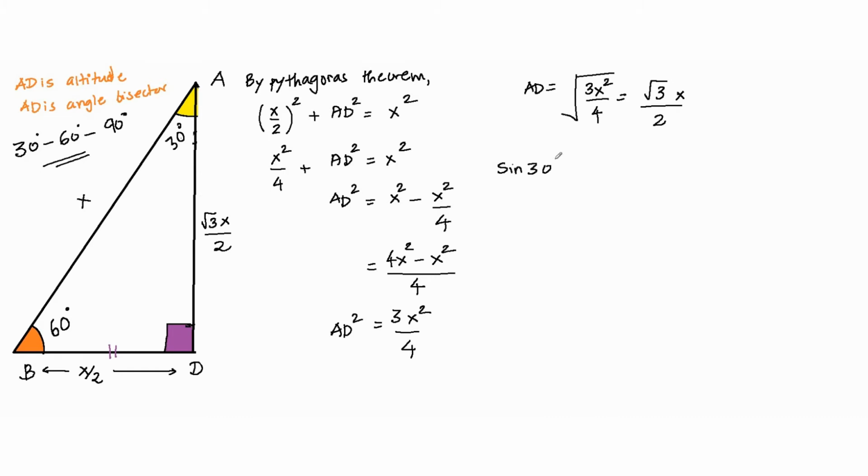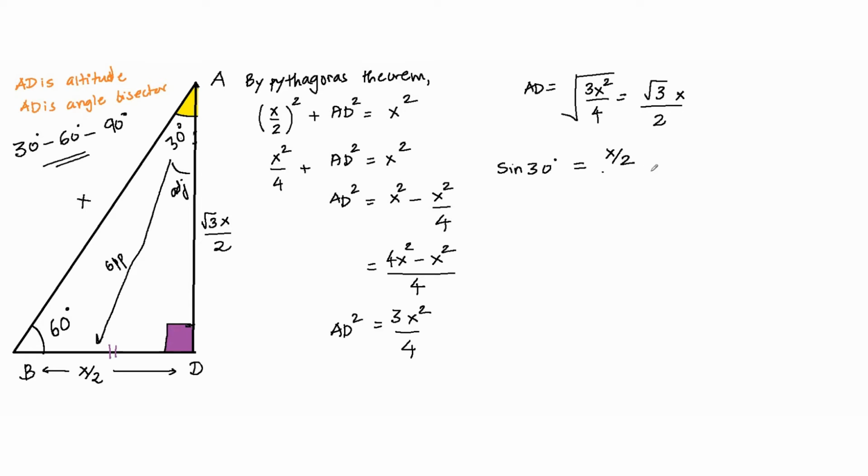So sine 30, so now I am considering 30 as the angle of reference, right? With respect to 30 degrees, x by 2 is the opposite side. So let's mark that. We have x by 2 is the opposite side and root 3x by 2 is the adjacent side.